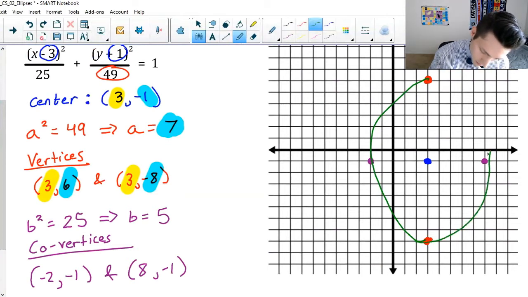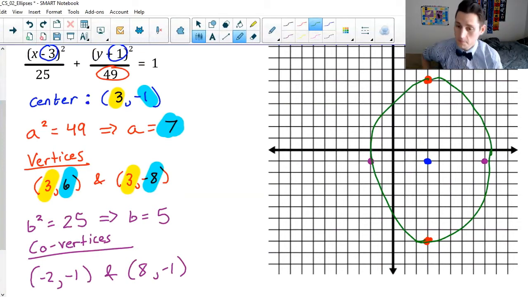That's real rough. Okay, so that's what our ellipse should look like.